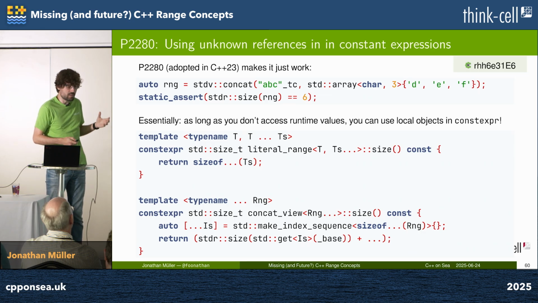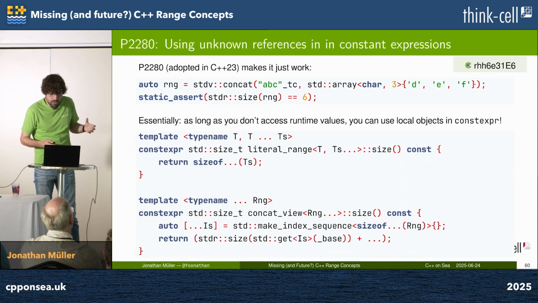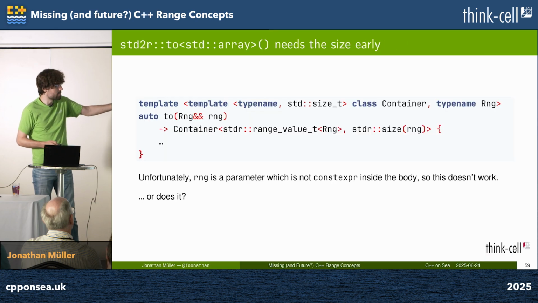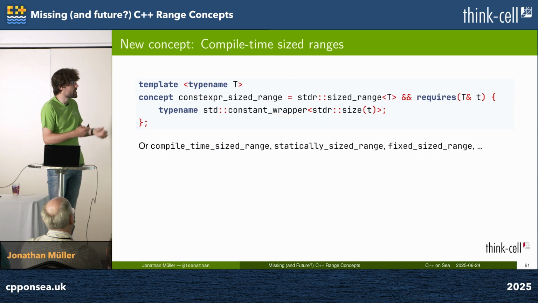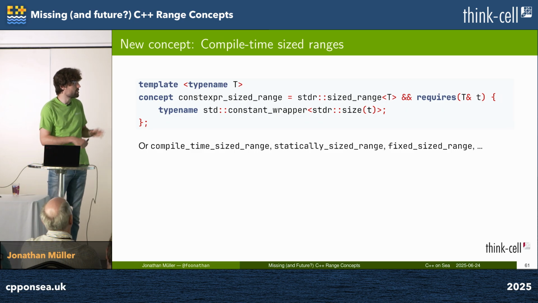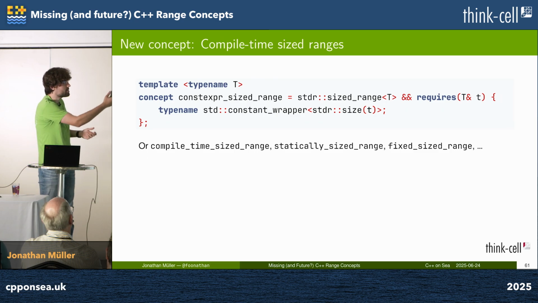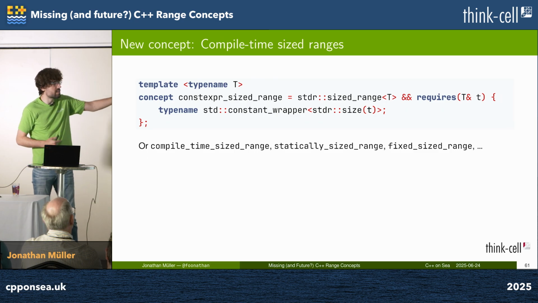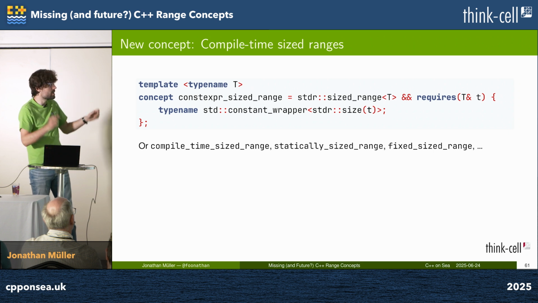And so this code just works, right? We just need to encode that properly in the concept machinery. So we could introduce a concept called const-sized range or something like that, which is a sized range, but we can also just use its size in a compile time expression. We just have a runtime reference to a range, and we can const its size, and the resulting thing is a constant expression.